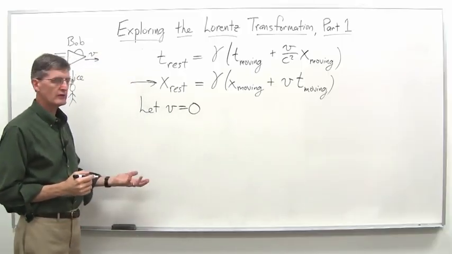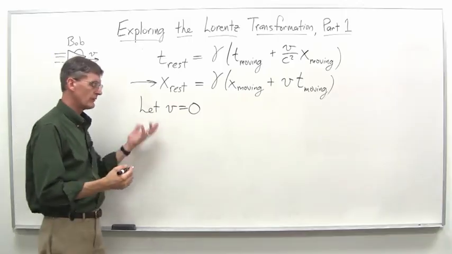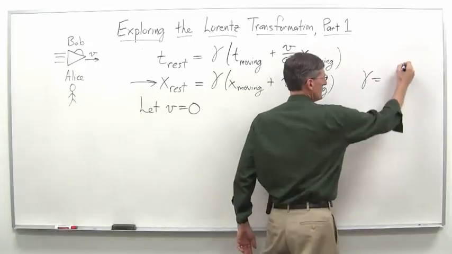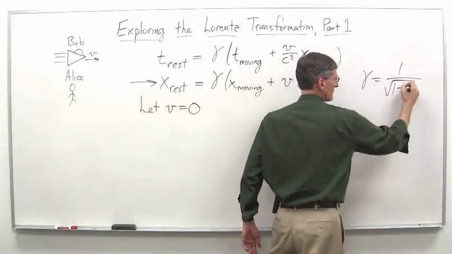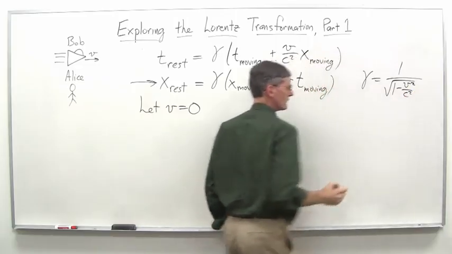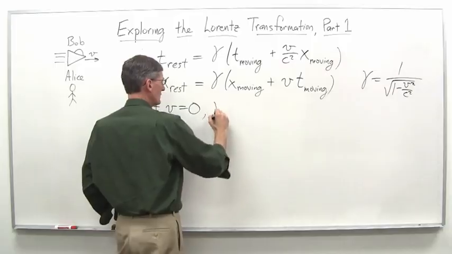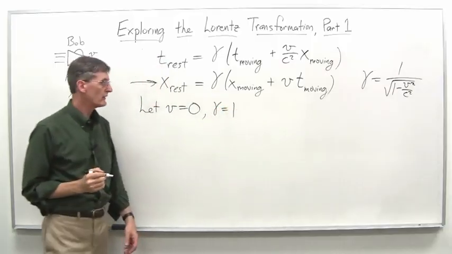What if the velocity is 0 here? Well, just to remind ourselves of gamma, it's 1 over the square root of 1 minus v squared over c squared. So if velocity is 0, gamma is 1.